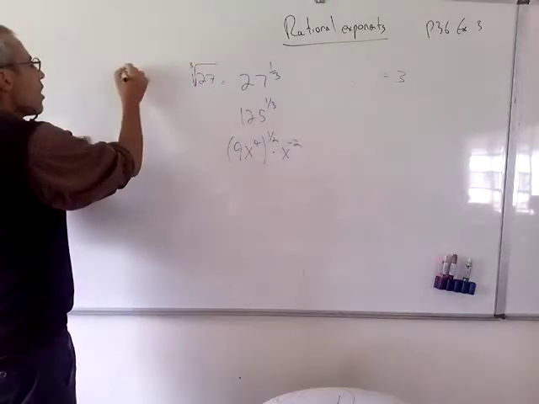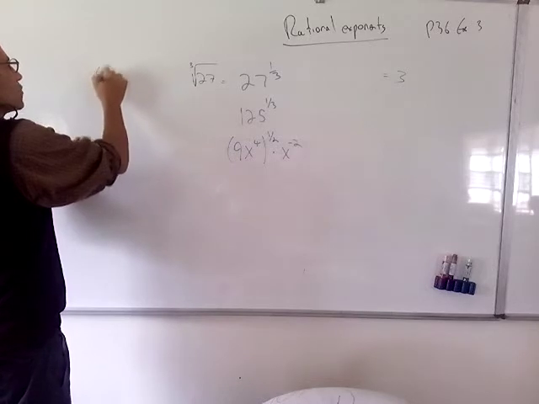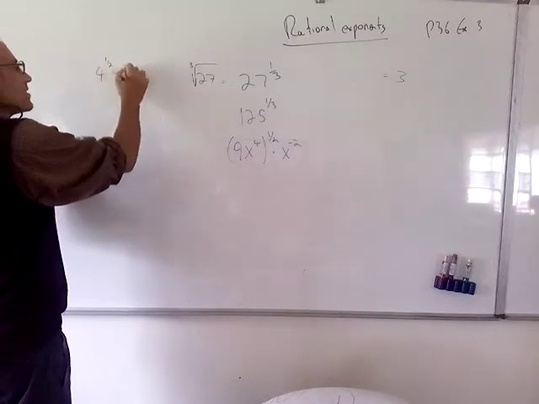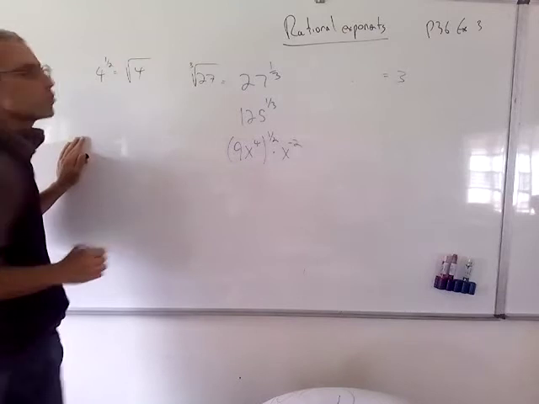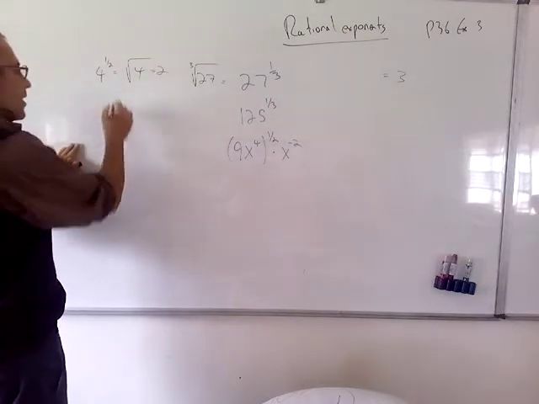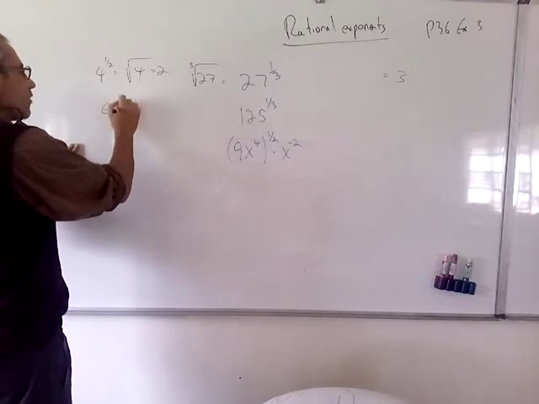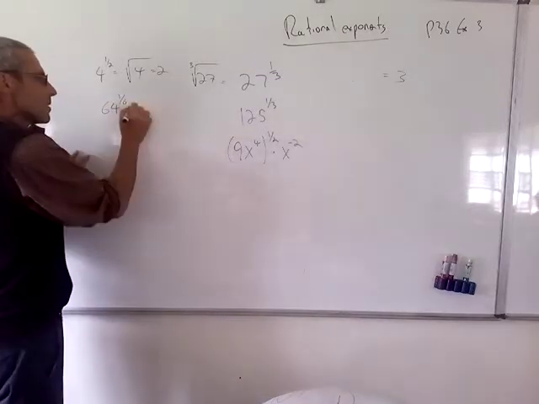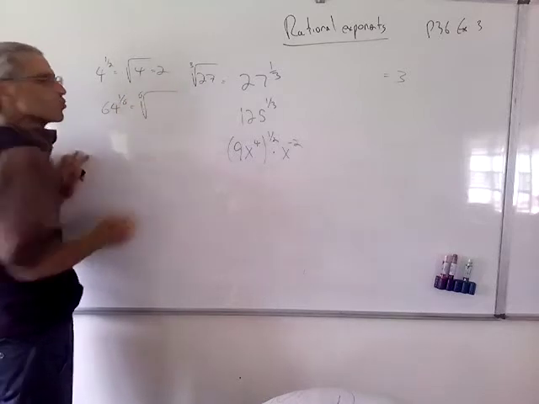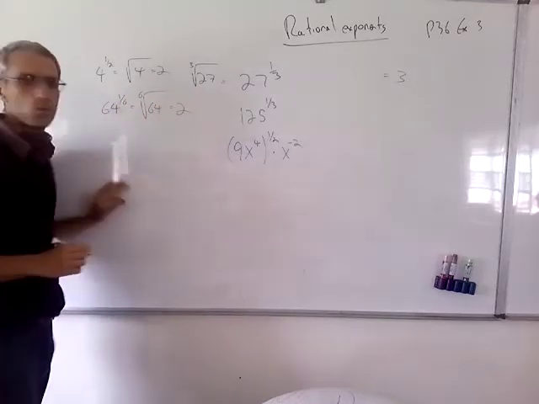A power of half, if I have, I don't know, 4 to the power of half, that means the square root of 4, which is 2. 64 to the power of 1/6 means the sixth root of 64, which is I think 2.